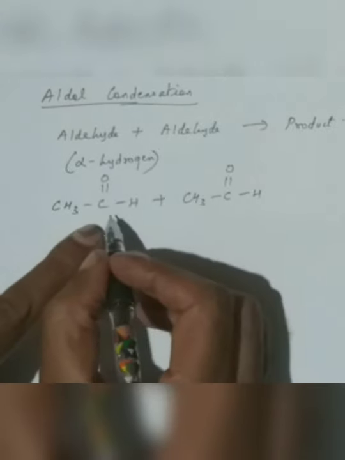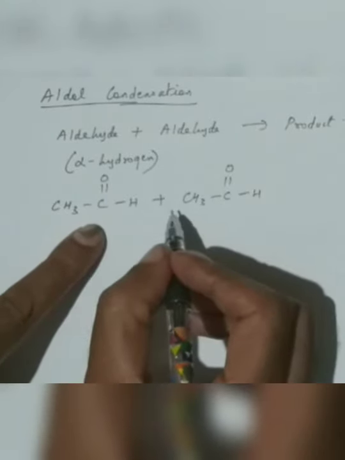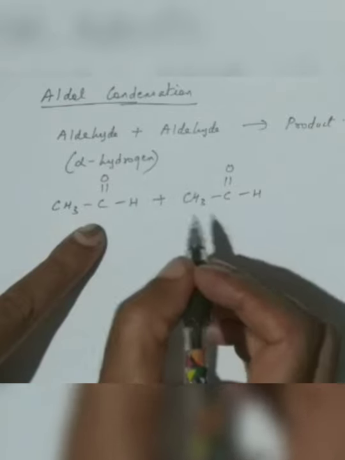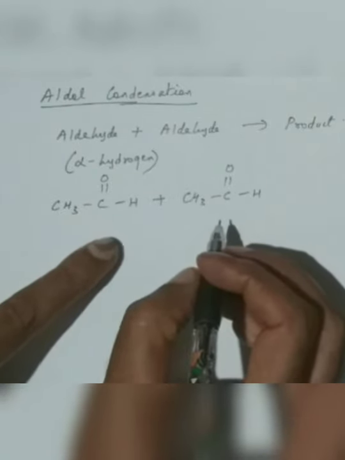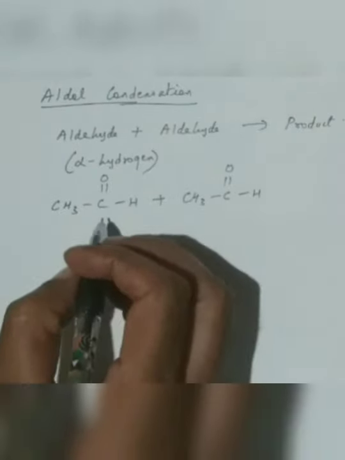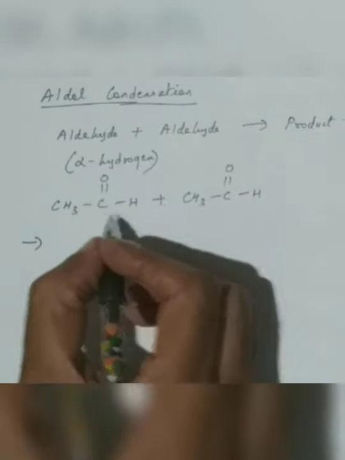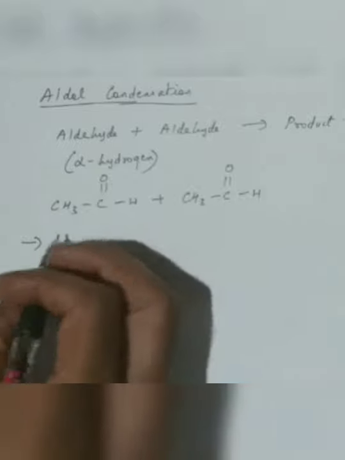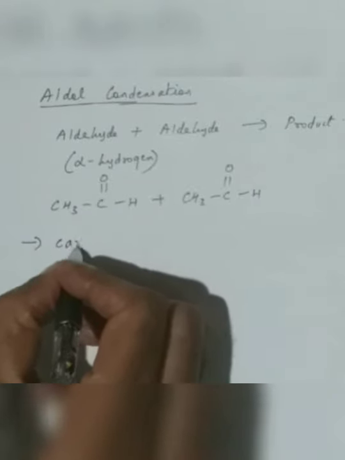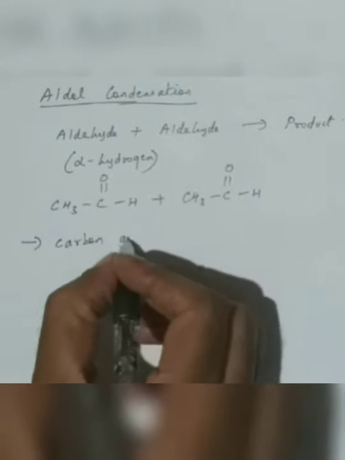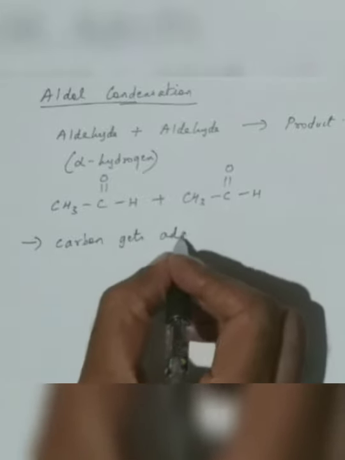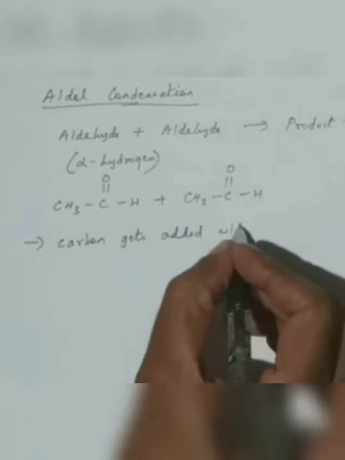When we treat two molecules of acetaldehyde, which have alpha hydrogen, what is the product we are going to get? Here, we are trying to add carbon and carbon.